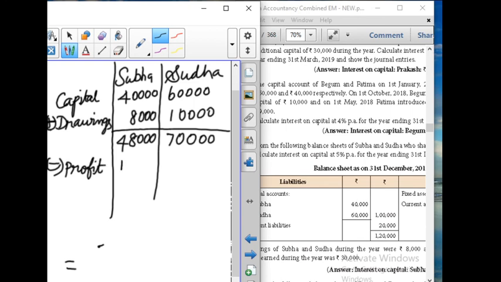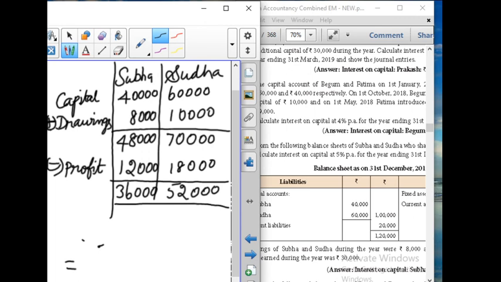We have to subtract the profit. How much profit is there? 12,000 and 18,000. 48,000 subtracted by 12,000 is equal to 36,000. And 70,000 minus 18,000 is equal to 52,000. So the capital amounts are 36,000 and 52,000, and we have to calculate the interest on capital.